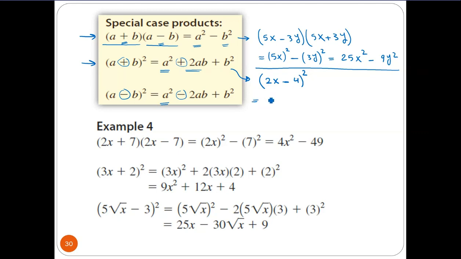This equals the first square, 2x squared, minus, because we have negative, 2, this is from the law, the first 2x multiplied by the second 4, plus the second square, 4 squared. So we have 4x squared minus 16x plus 16, like this.